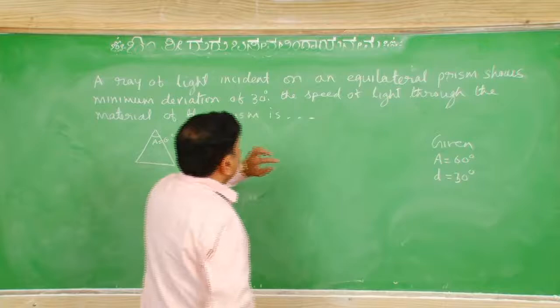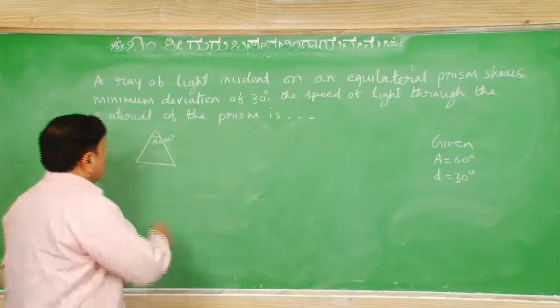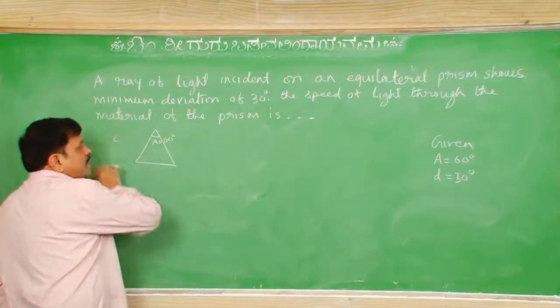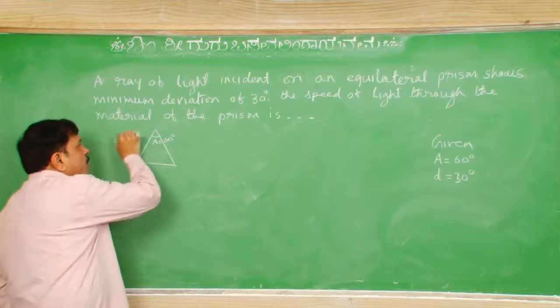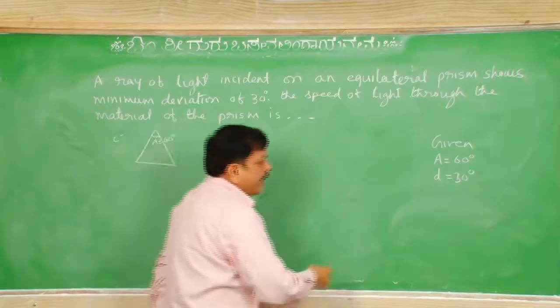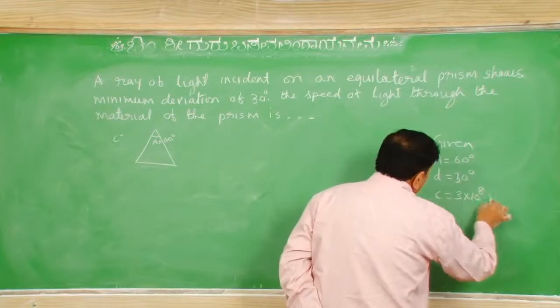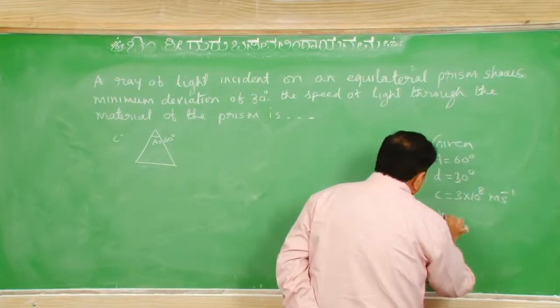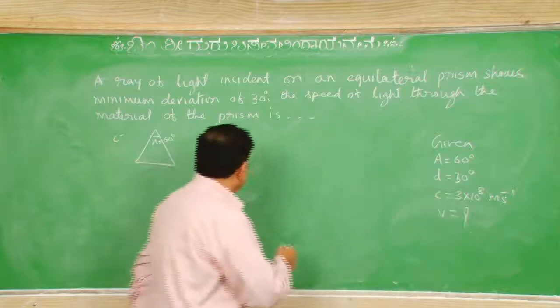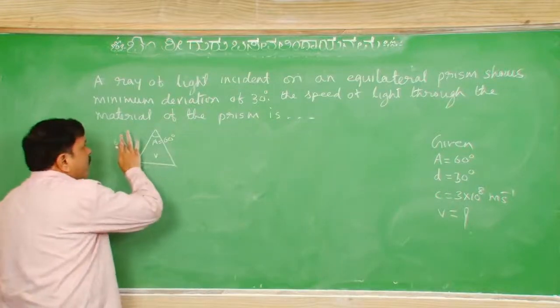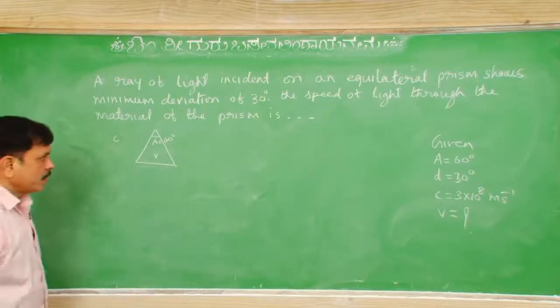The speed of light outside the medium is C, which is 3 into 10 power 8 meter per second. In the medium, we will take it as V. So V is the speed of light in the medium, and V is asked.